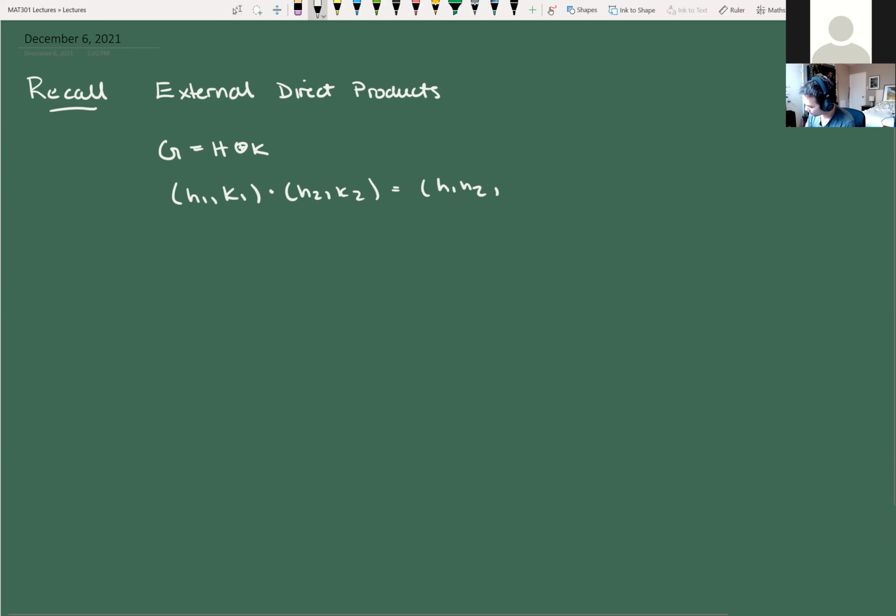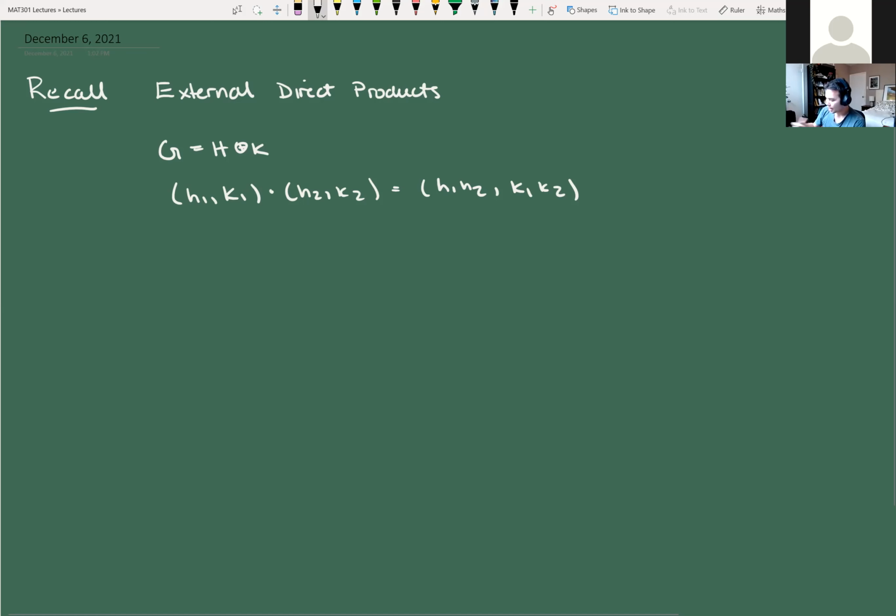We know the H's have a group operation, we know the K's have a group operation, and we just smush them together like that. The H's and K's don't interact in any way, shape, or form. All the H's stay together and all the K's stay together. So that's a crash course in what our external direct product was.